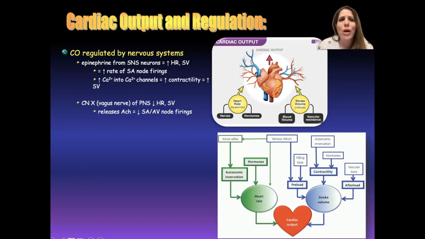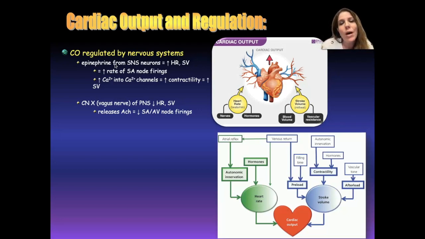So as mentioned before, epinephrine or adrenaline increases heart rate and increases stroke volume. So it is released by the sympathetic nervous system. And it's going to be released, by the way, through vesicles, because at that point it's acting as a neurotransmitter, just like some of the things we had talked about before when we were talking about the nervous system.